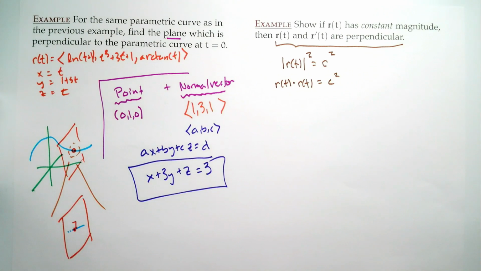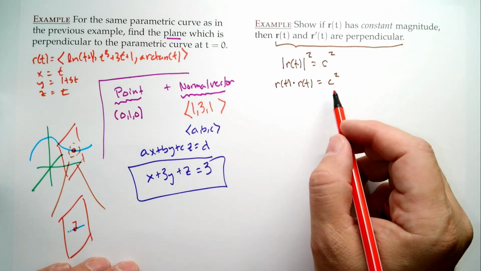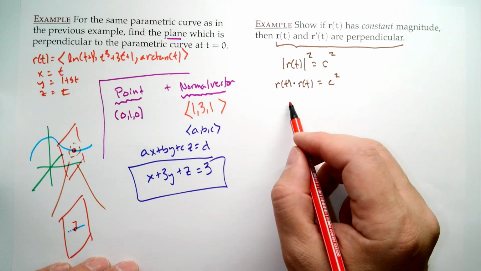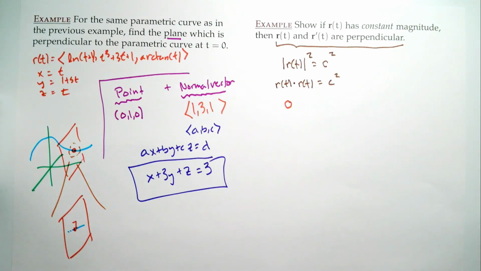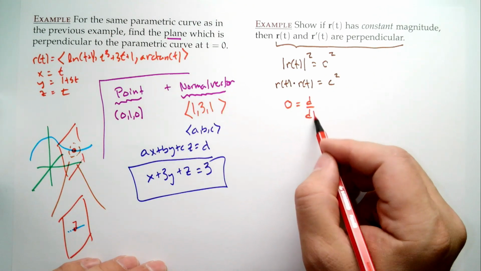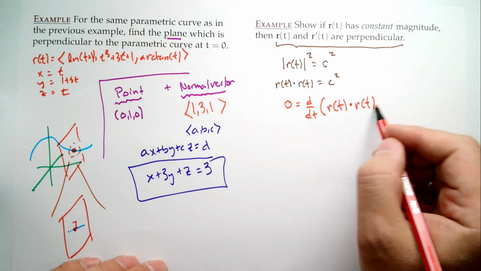Let's start with the derivative of c squared. What's the derivative of c squared? What? It's 0. Because we're taking the derivative with respect to t. t is what's varying. We're thinking of c as a constant. Okay, so 0, that has to equal the derivative of r of t dot r of t.